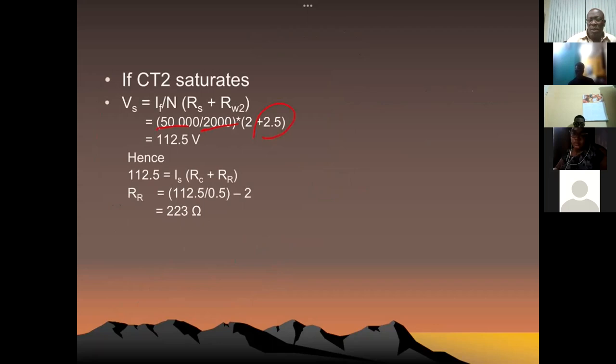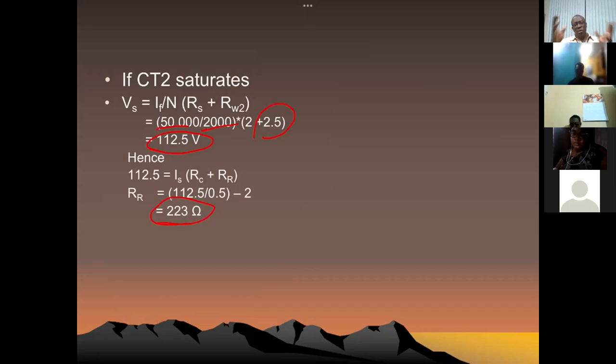So we now have 2.5, and it causes Vs to be now 112 volts. And what we did in finding RR, we get 223. So the question is, if CT1 saturates, we require 173. If CT2 saturates, we need 223 ohms.